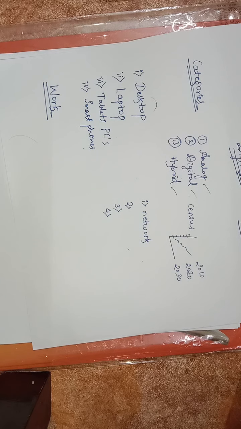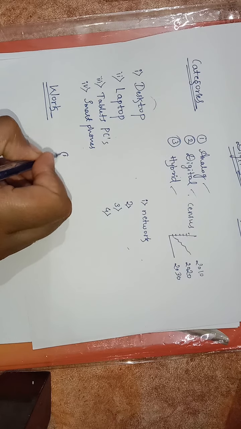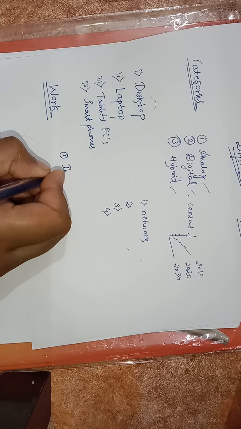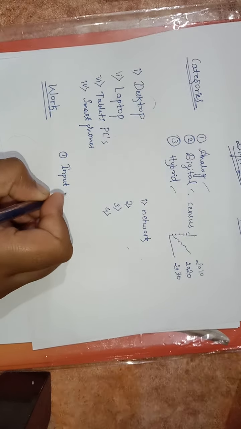The very first thing it does is accept the data and the information from the user. Whatever data or information you give to the computer, it will accept first, through the input devices.